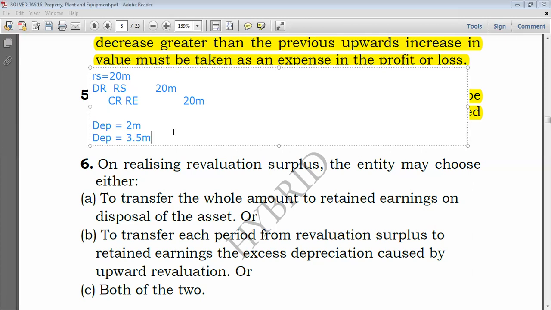Now look at its impact. Depreciation will increase. An increase in depreciation will increase an expense. An increase in expense will reduce the profit. That profit usually goes to retained earnings. So retained earnings will be reduced. So an upward revaluation has the effect of reducing the retained earnings while it has the effect of increasing the revaluation surplus.